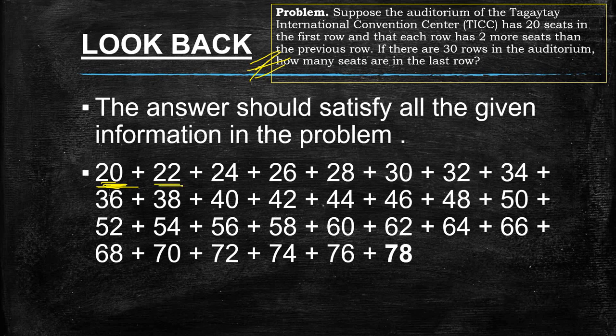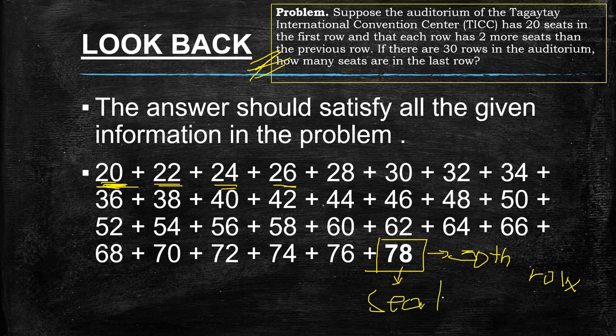Next, followed by 22 seats sa second row, 24 seats sa third row, 26 seats sa fourth row, and then so on and so forth, hanggang makarating ka sa last row, yung pang 30th row, which is 78. Okay, so ngayon, we can now say that on the 30th row, no, meron siyang total of 78 seats doon sa ating last row. Ayan.